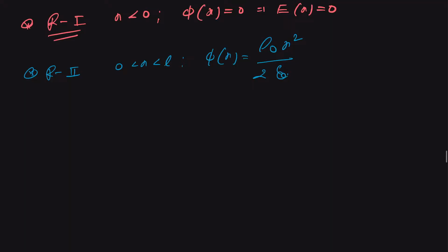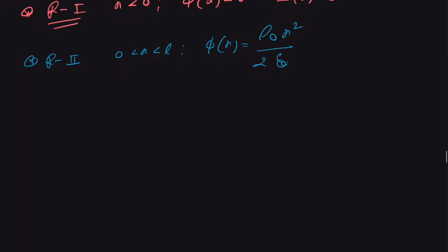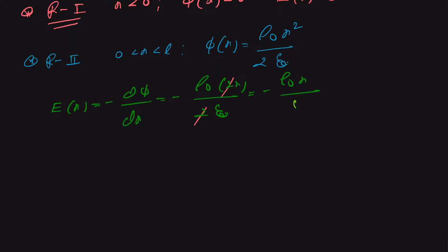Simply we are going to take the derivative of it. So the electric field will be equal to minus d phi upon dx. This gives minus rho naught, the derivative gives 2x, and it is over 2 epsilon naught. The 2 and 2 cancel, so we get minus rho naught x upon epsilon naught.